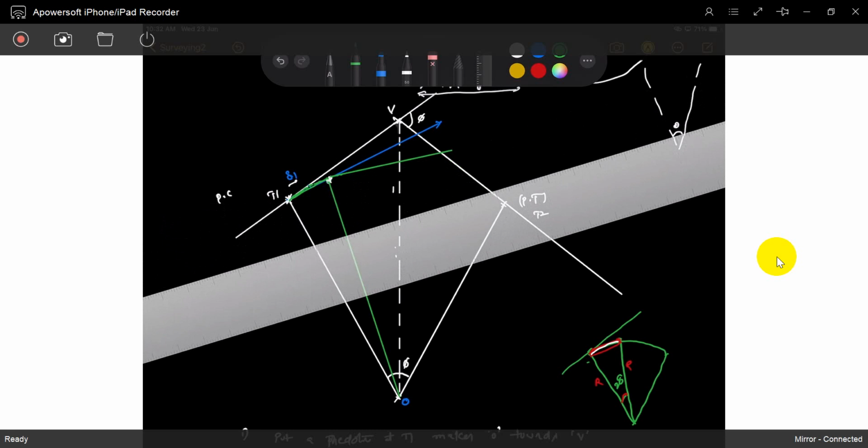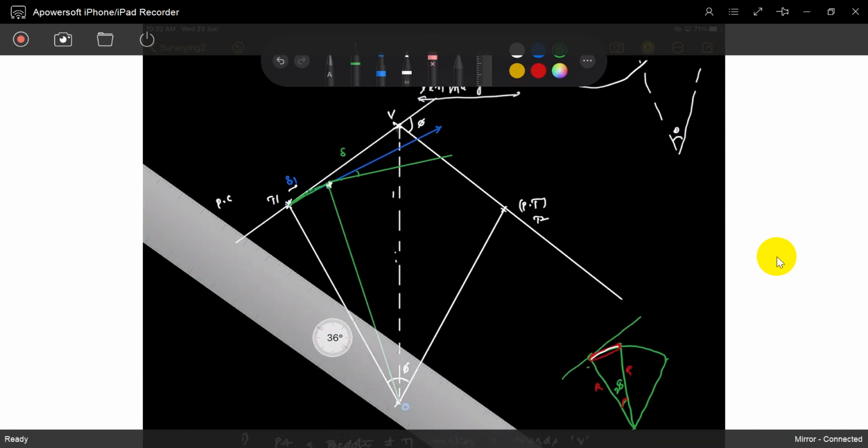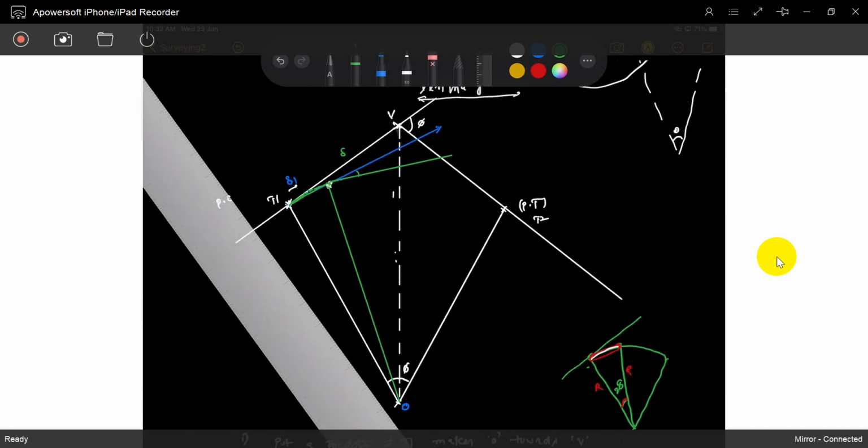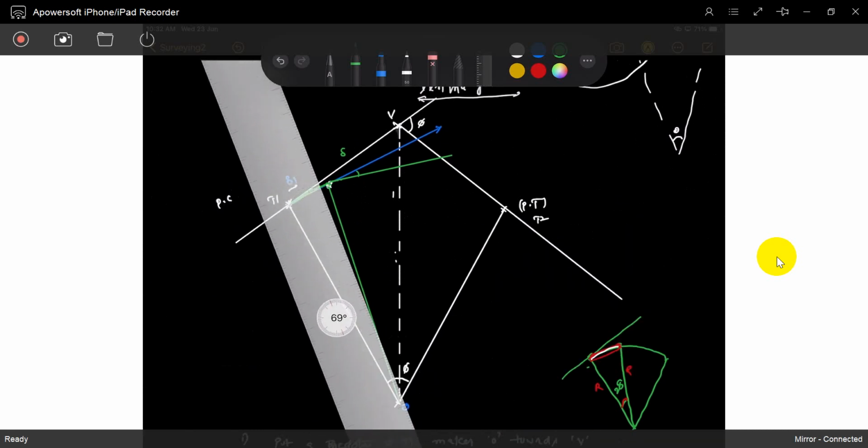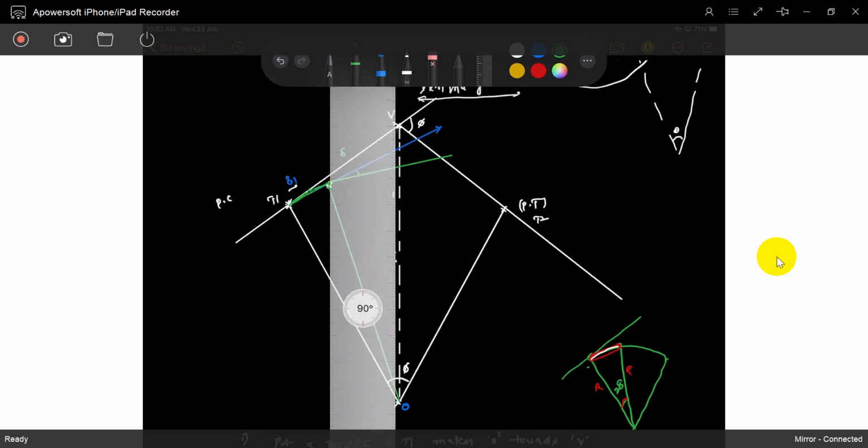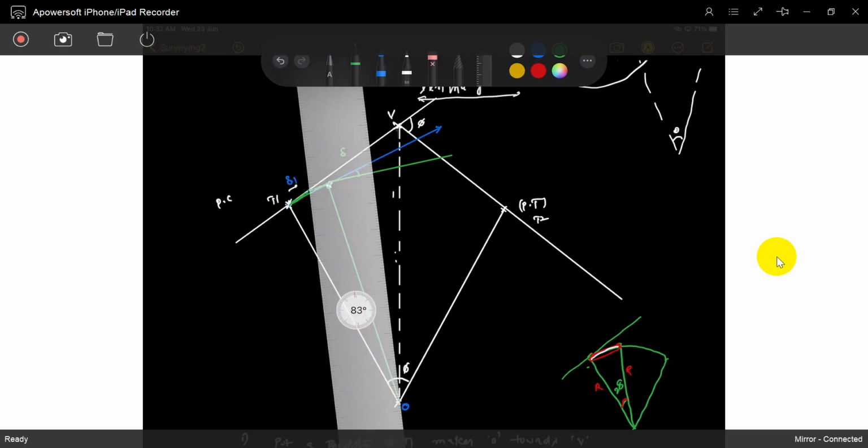And again from this point, there is another point somewhere here.